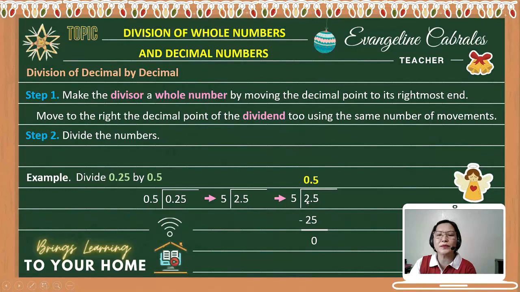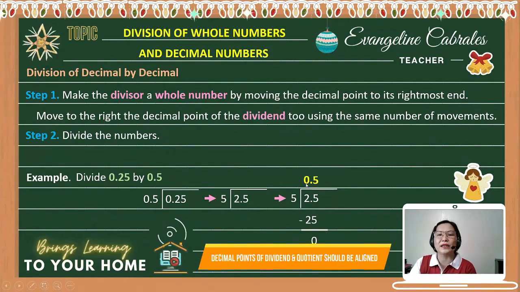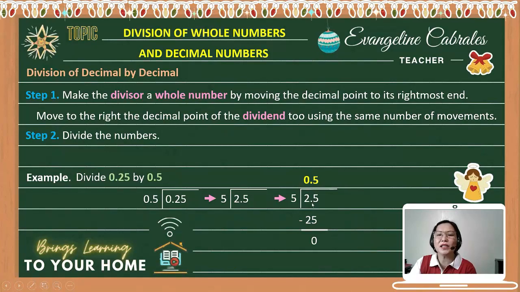At ito namang 2 ay lalagyan mo sa tapat ng 0. Okay? So, ini-align o itinapat din ang decimal point ng dividend sa decimal point ng quotient. Kaya ang sagot sa 25 hundredths divided by 5 tenths is 5 tenths.